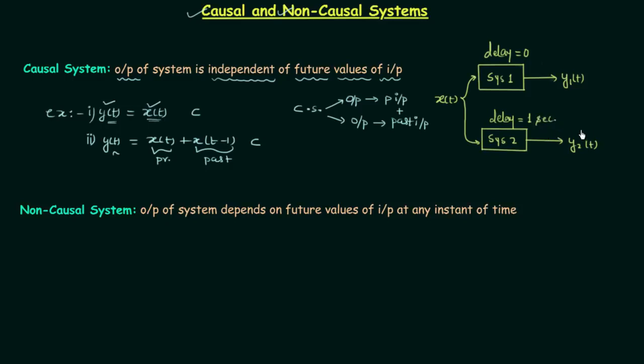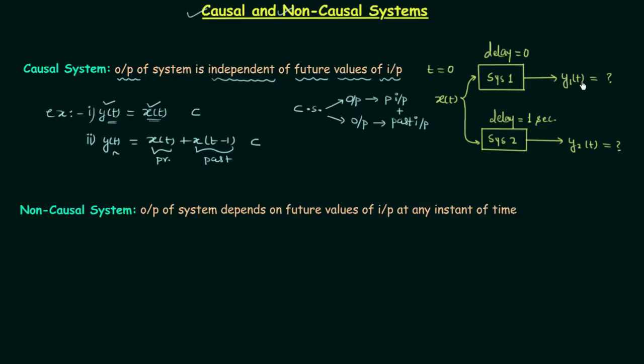This means in the first system, when input x(t) is applied to system 1, the output y1(t) is produced instantly. On the other hand, in the second system, as delay is equal to 1 second, when you apply input x(t), the output y2(t) will be produced after 1 second. So this is the main difference between system 1 and system 2. We are not focusing on the exact relationship between the input and output. We are focusing on how output is dependent on the input. So what will happen when you provide signal x(t) to system 1 and system 2 at t equal to 0?